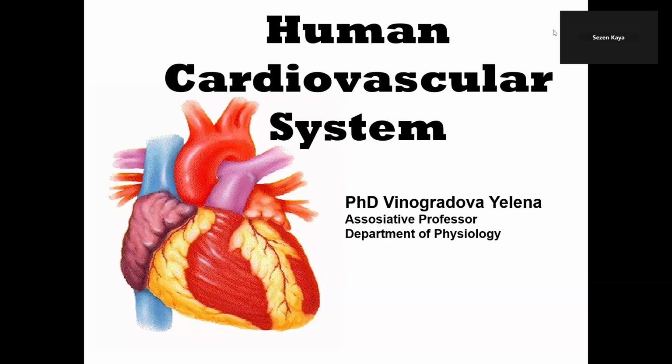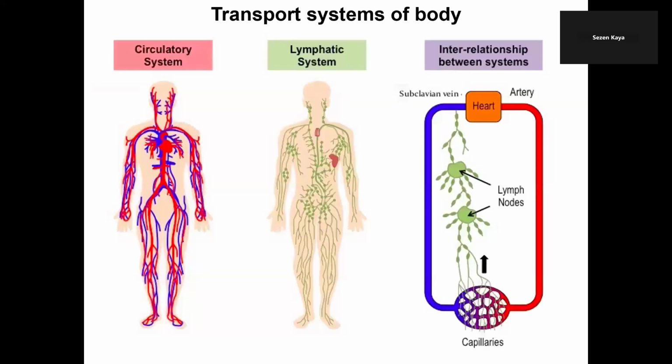Okay, and the other topic for us for today, we are starting the topic human cardiovascular system. If you're talking about the cardiovascular system, we are talking about the system of transportation inside of our body. The transport system of our body will be the circulatory system or cardiovascular system, and also the lymphatic system.